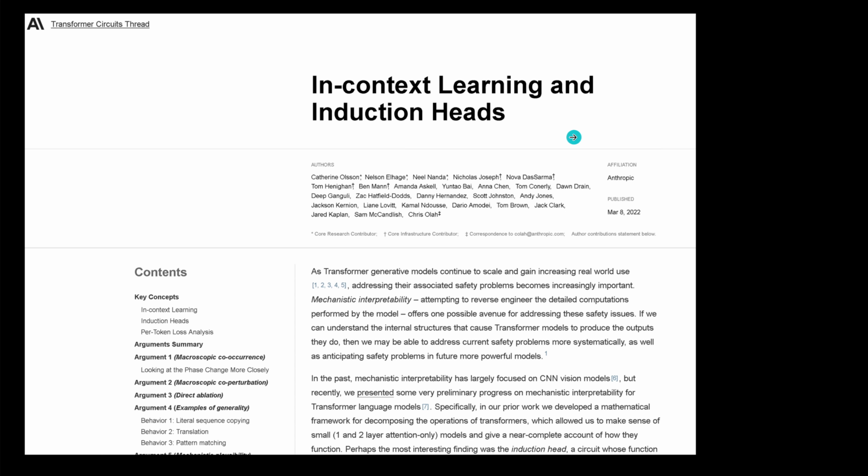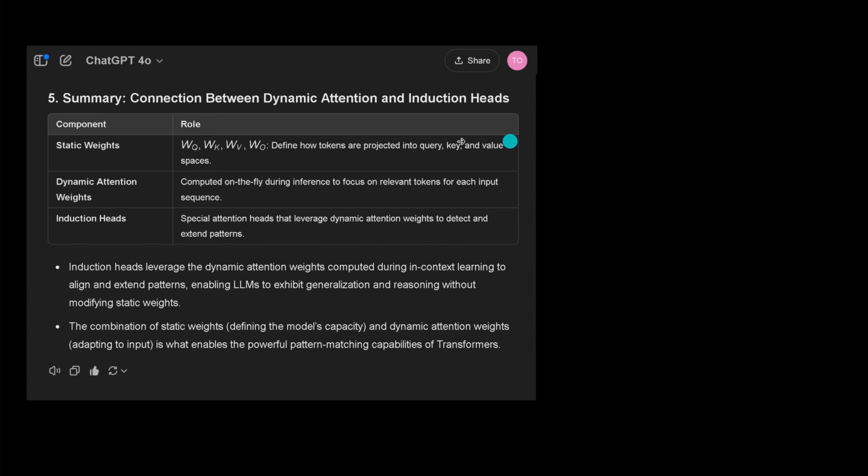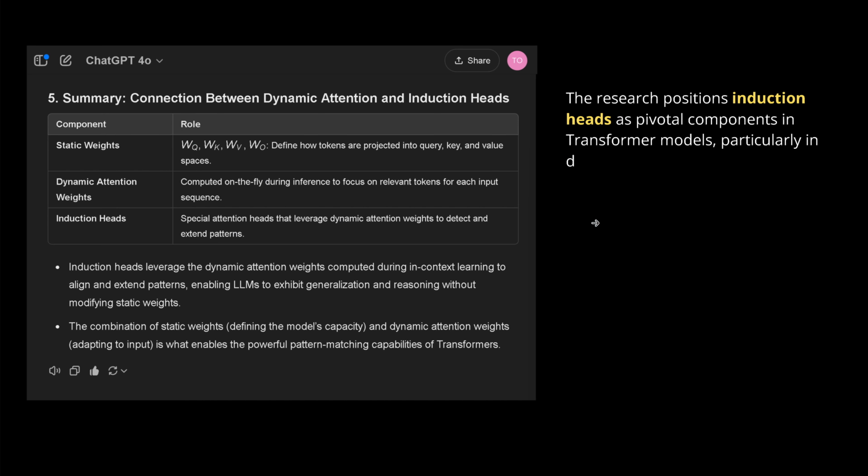But they just have a particular specialization. That's all. Great. If you want to read the GPT-4 interpretation of the papers, great. Static weights, dynamic attention weights, induction heads, how they're all related. If we understand this now, beautiful. So this research by Anthropic, beautiful papers, have a look at them.